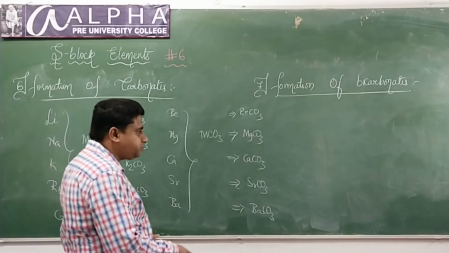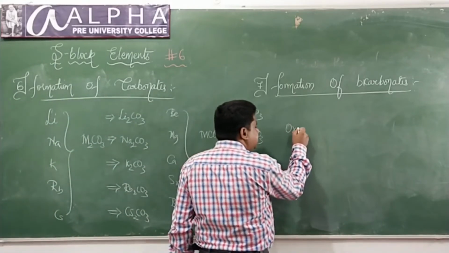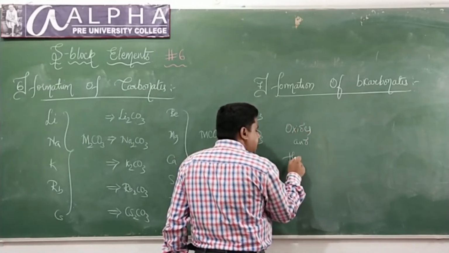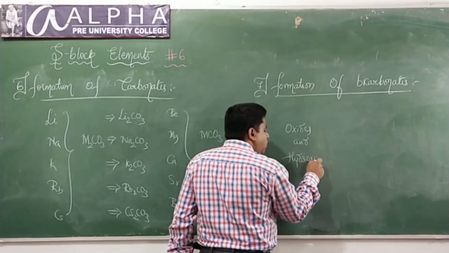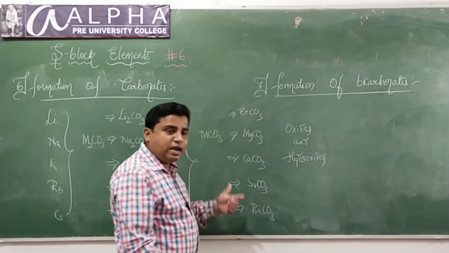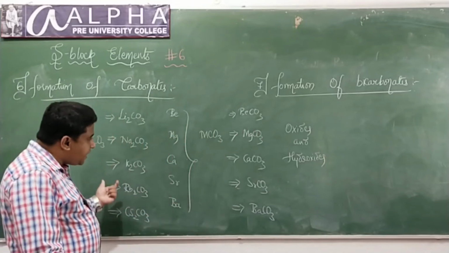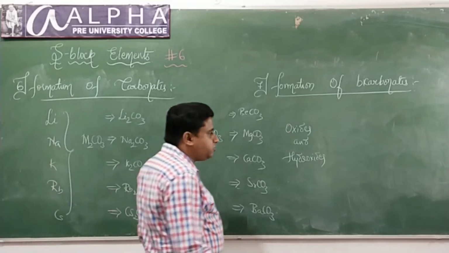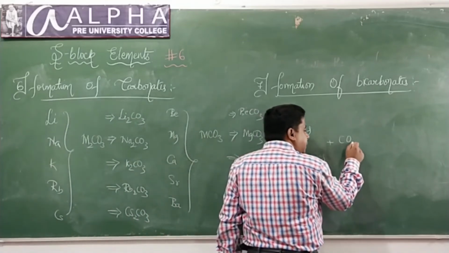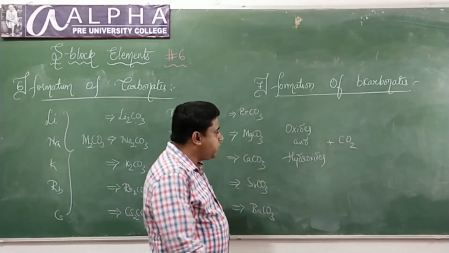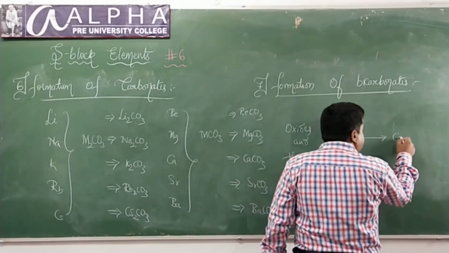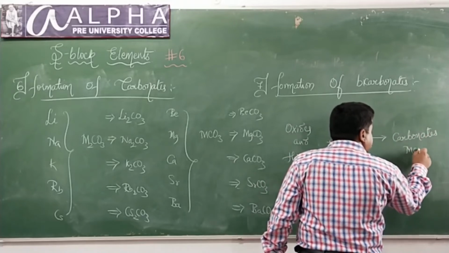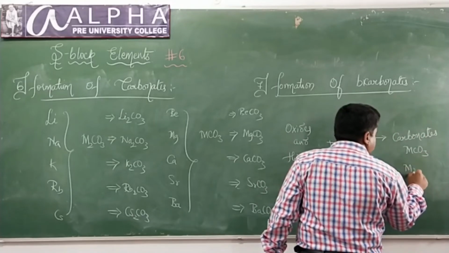When the oxides and hydroxides of alkali metals and alkaline earth metals react with carbon dioxide, they form carbonates, that is either MCO3 or M2CO3.